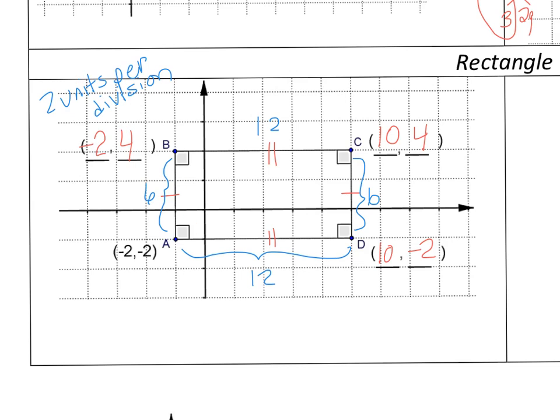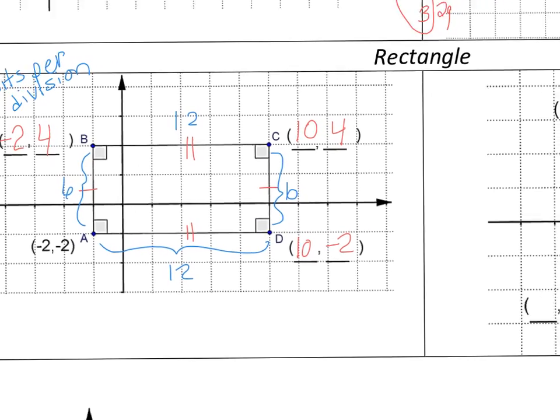Of course, each one of these is worth 2, so 3 times 6 is 18, and 6 times 12 would be 72, so you'd have to multiply both of those by 3. Or some people call that length times width or base times height. So just realize that both of those formulas are the same.